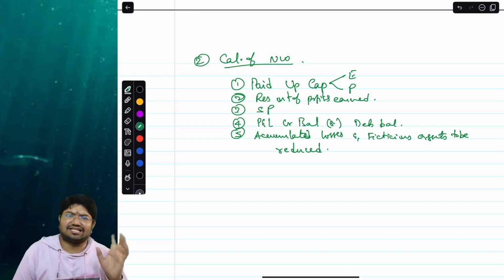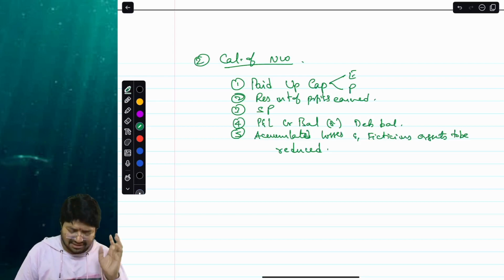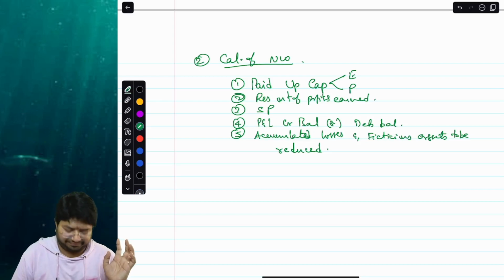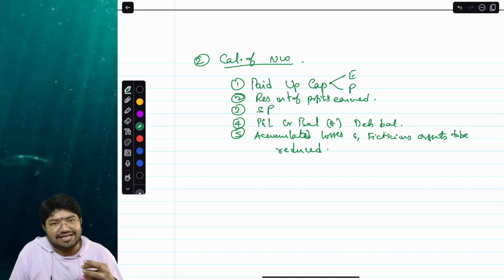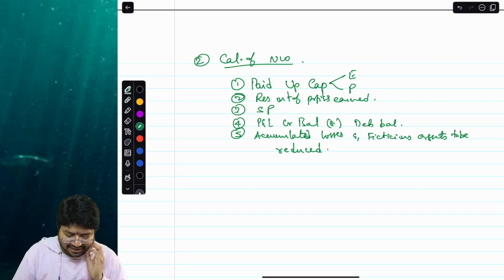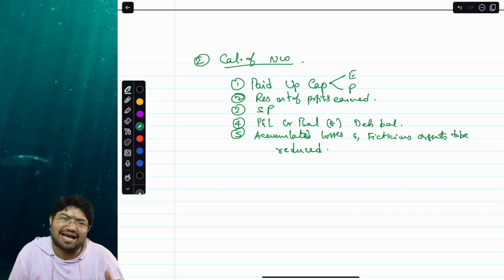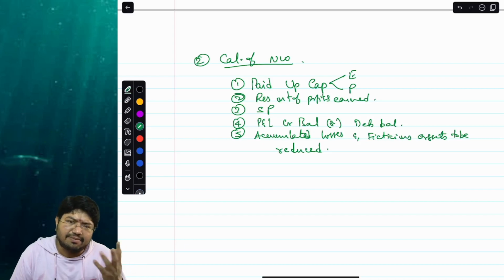There could be any other reserve which I have created. All of these can be considered as reserves made out of profits earned only. Then, if you have securities premium on shares issued, that can be considered as part of your net worth. Okay. Most important thing, P&L debit balance or credit balance. If it is credit balance, you will add to net worth. If it is debit balance, you will deduct from net worth.